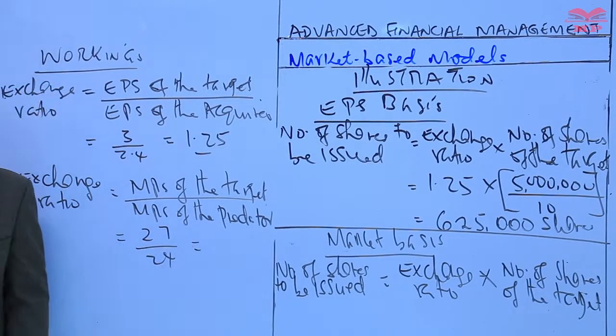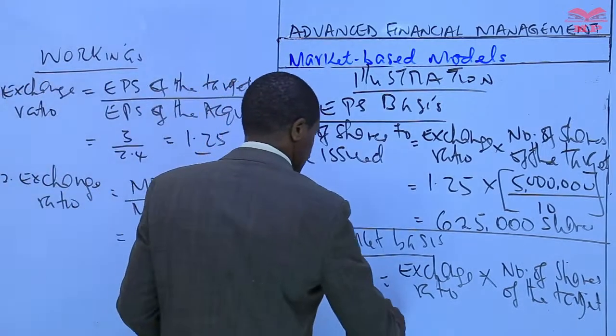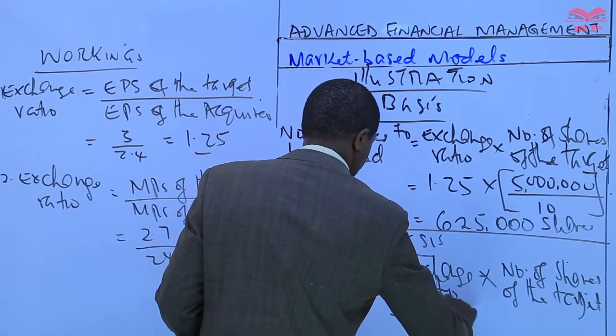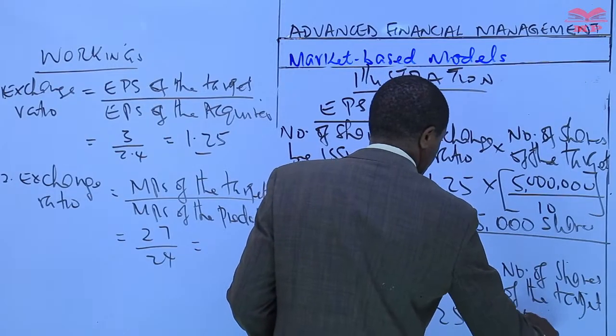27 divided by 24 will be the exchange ratio. That is 1.125. This is equal to 1.125 times 500,000 shares.